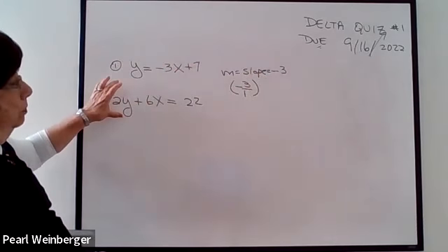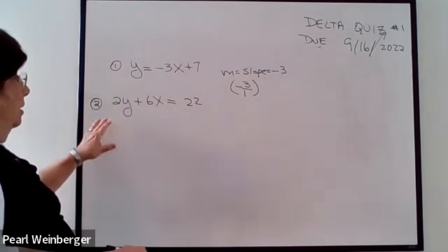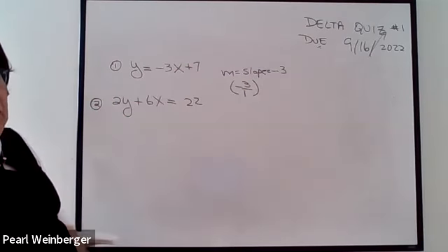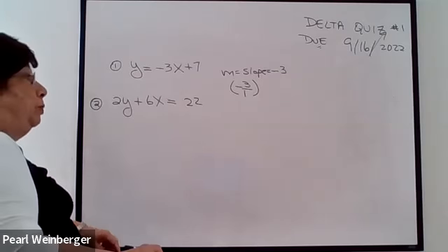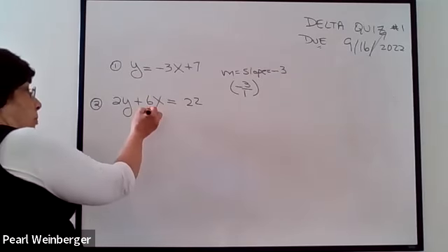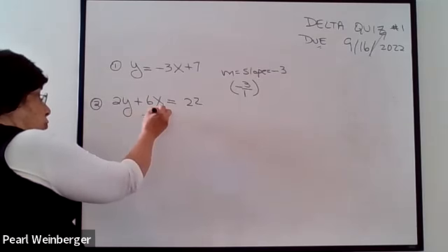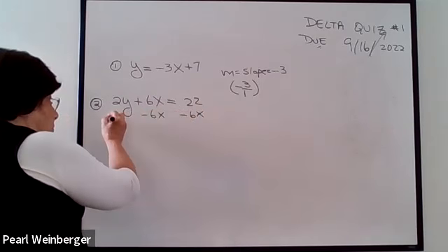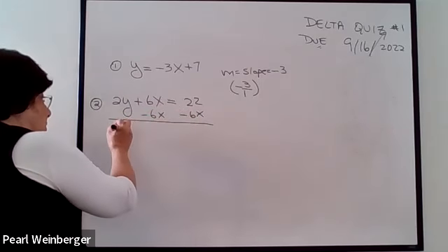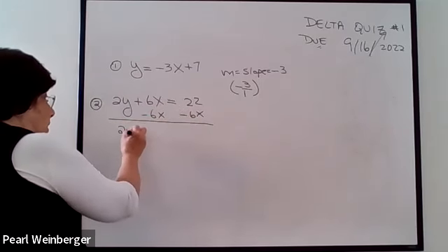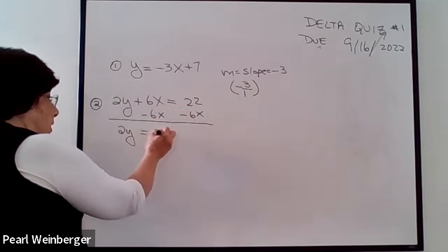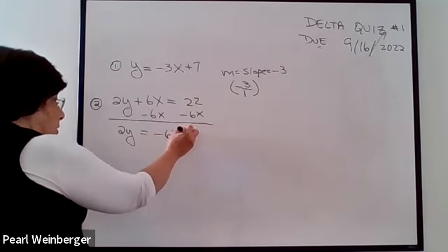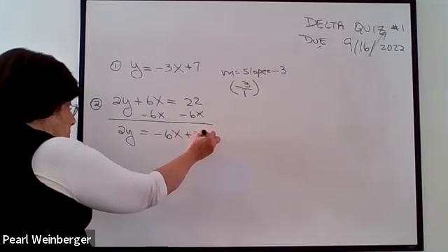Let's look at the slope of this second line. This is not in the y equals mx plus b form, so I have to put it in slope intercept form. The first thing I'm going to have to do is bring the 6x to the other side, so I'm going to subtract 6x. This will give me 2y equals -6x plus 22.